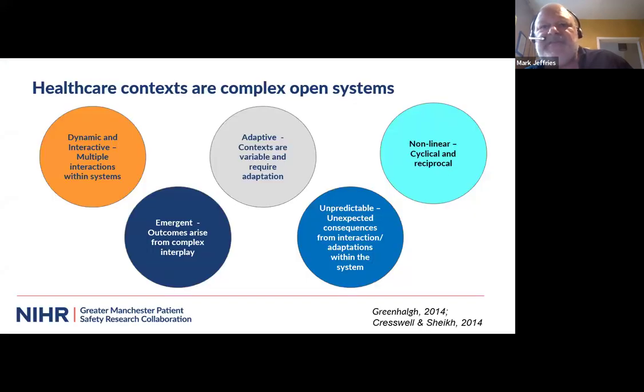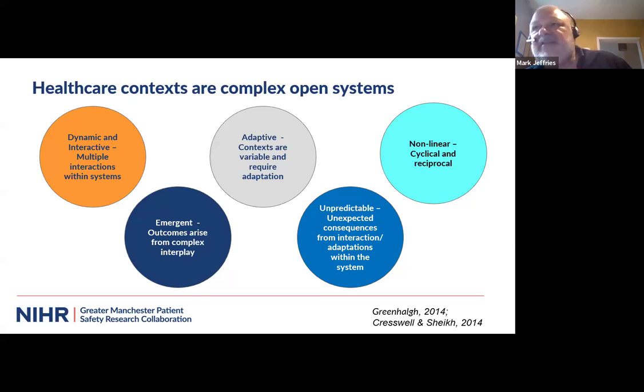So this is some of the ideas around the complexity of the complex open systems that healthcare is. It's dynamic and interactive. It has multiple bits to the system. It's adaptive because it requires often huge variation to respond to different things. Human beings are not rational. They're not predictable.